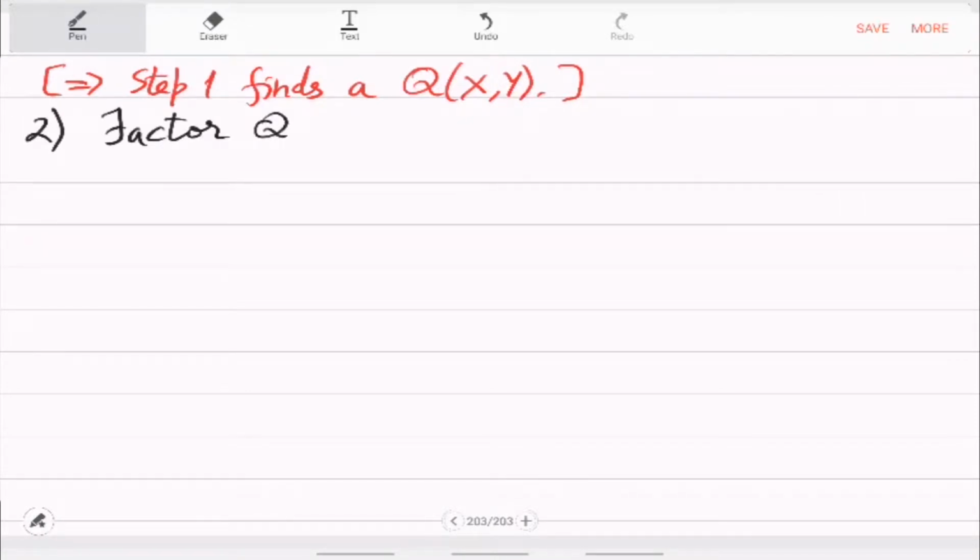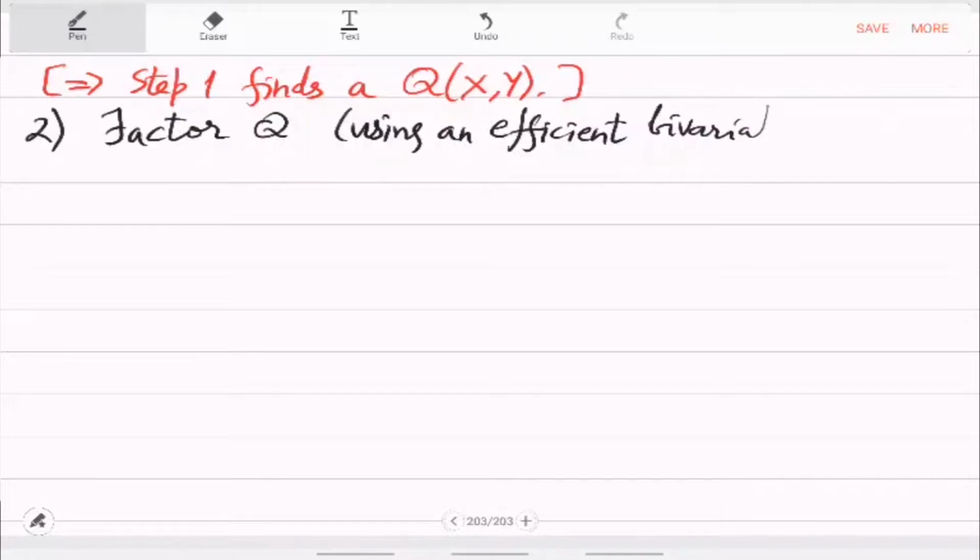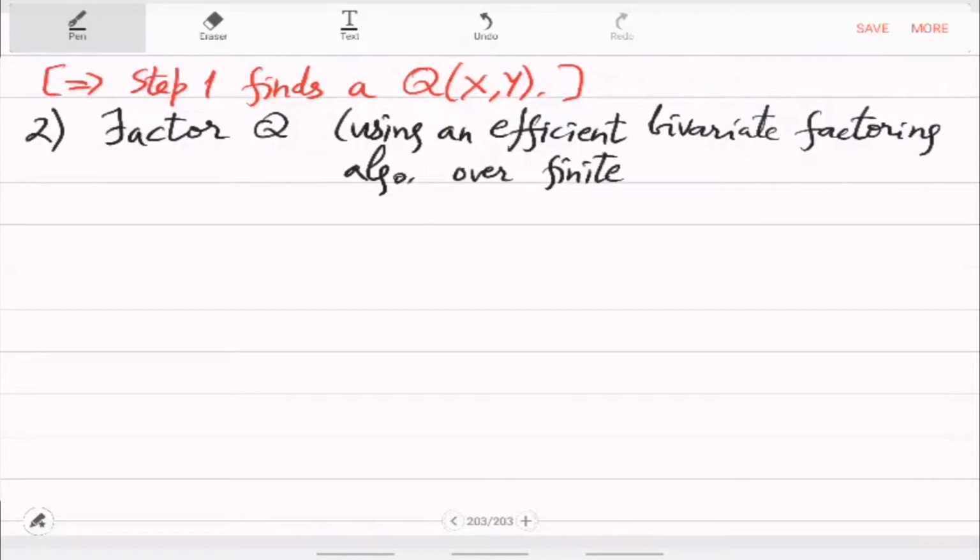So factor Q using an efficient bivariate factoring algorithm over the finite field F. Okay, so these exist, you can look them up in the literature.